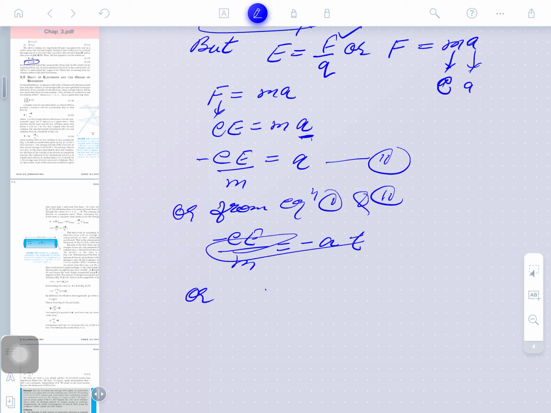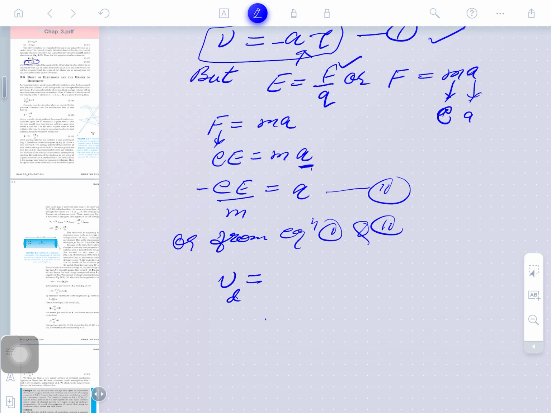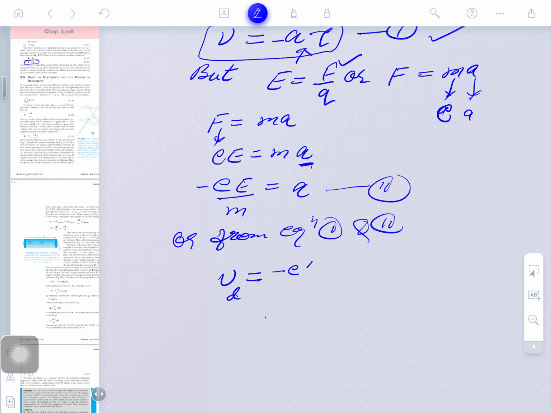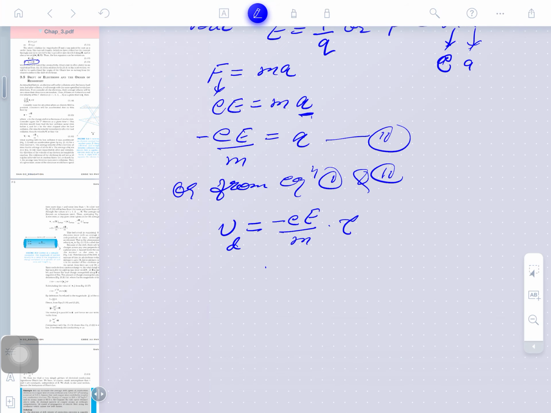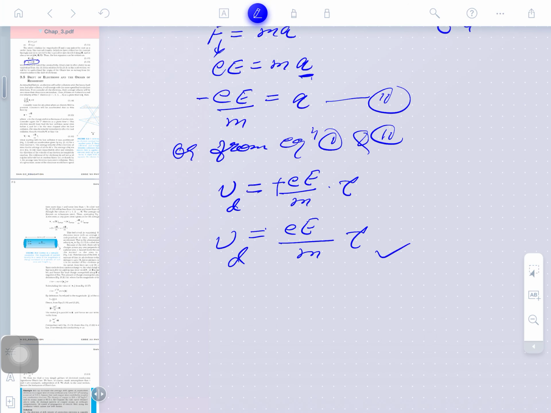Have a look, please. The drift velocity Vd is equal to minus A tau, and the value will be minus eE divided by m into tau. So the sign will be plus. So Vd is equal to eE by m into tau. This is the expression for the drift velocity.